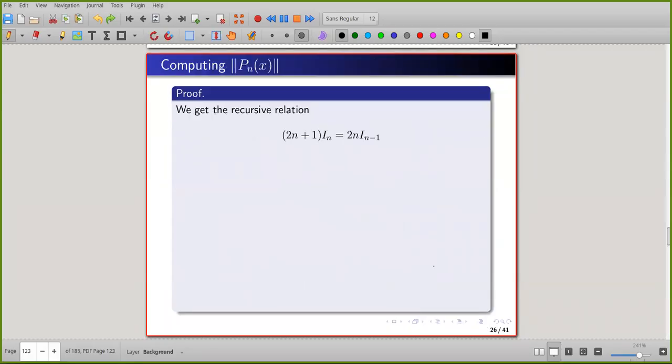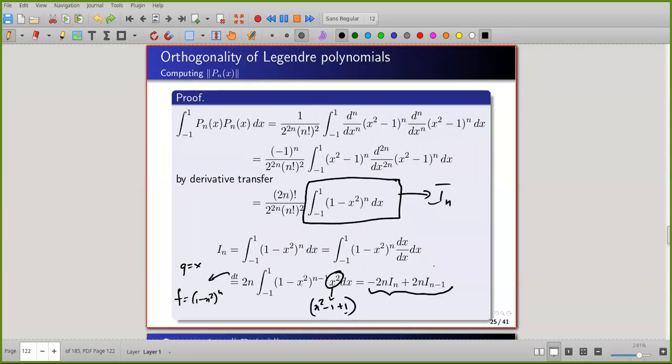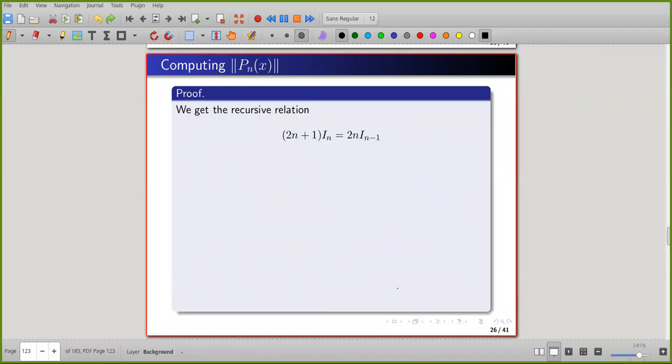So therefore we get this recursive relation. We have gotten I sub n equal to minus 2n I sub n plus 2n I sub n minus 1. We take this to the other side and we get 2n plus 1 times I sub n equal to 2n times I sub n minus 1.